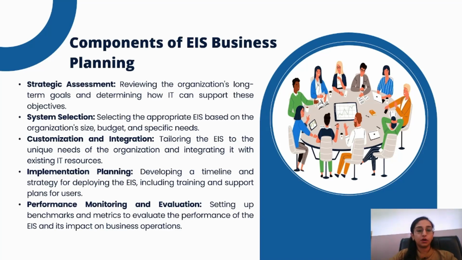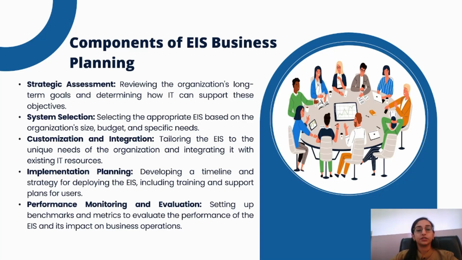So, our last component of EIS business planning is performance monitoring and evaluation. Performance monitoring and evaluation, also known as M&E, are critical components of managing and optimizing an enterprise information system.